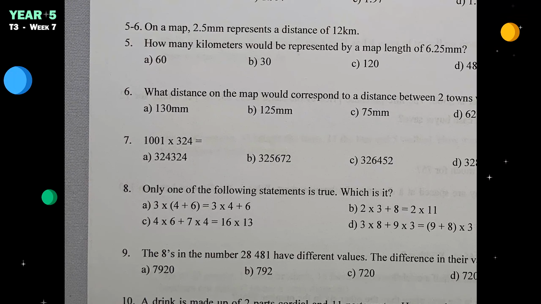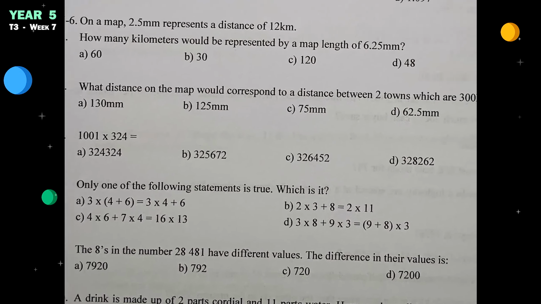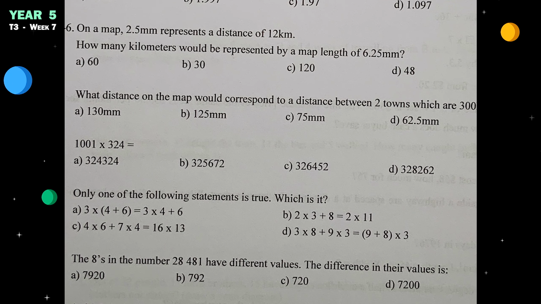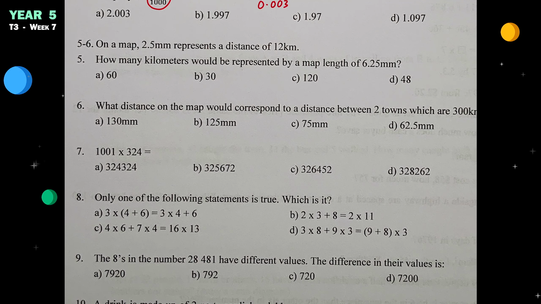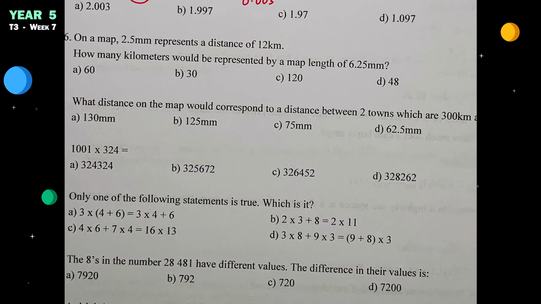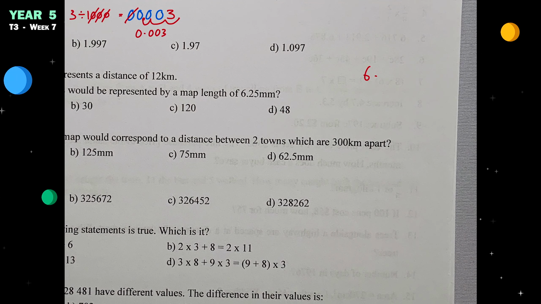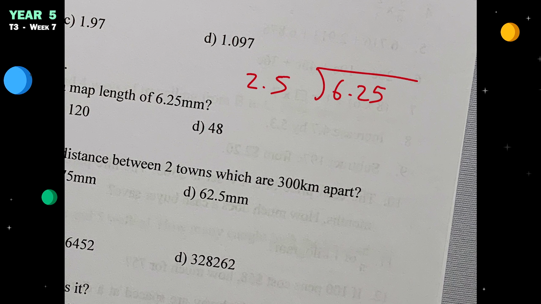Question 5. On a map, 2.5 millimeters represents a distance of 12 kilometers. How many kilometers would be represented by a length of 6.25 millimeters? Well, 6.25 divided by 2.5. We just divide it. We want to see how many 2.5s fit into 6.25.